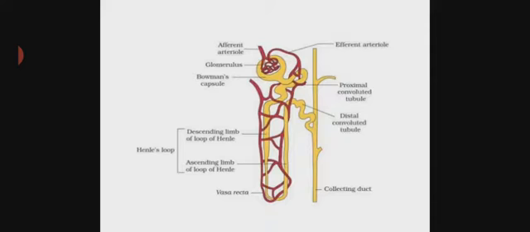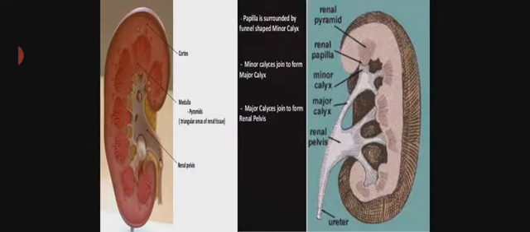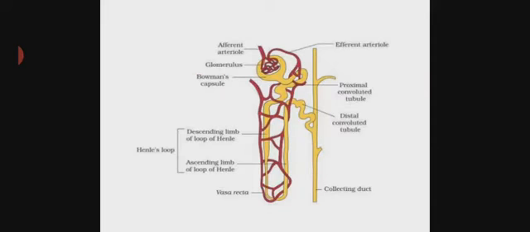As you see here, there will be an afferent arteriole and an efferent arteriole. So afferent arteriole is the one which supplies the blood to the kidney, whereas efferent arteriole, as the name itself suggests, is the one which takes away the blood from the nephron, that is from the kidney.